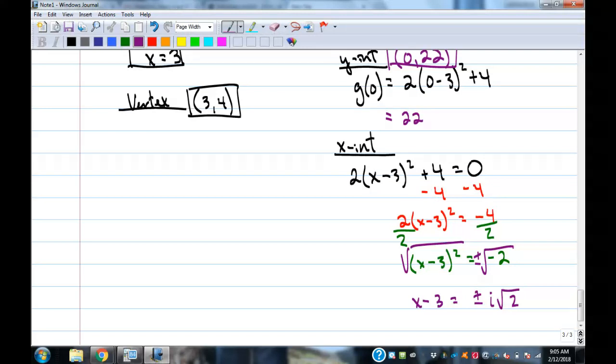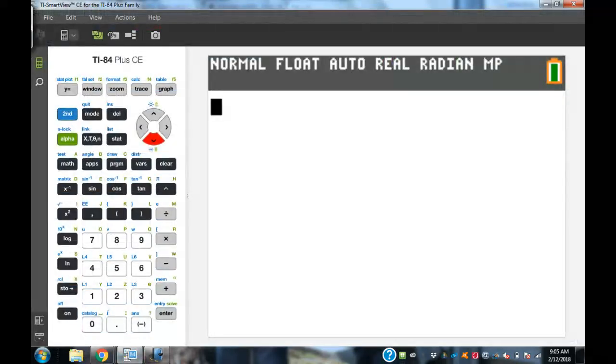So we could go ahead and finish that off and get x equals 3 plus or minus i radical 2. Those are the zeros, but they're not x-intercepts. So the x-intercepts, you would report none. Even though there are zeros, there are no x-intercepts. Those don't show up.